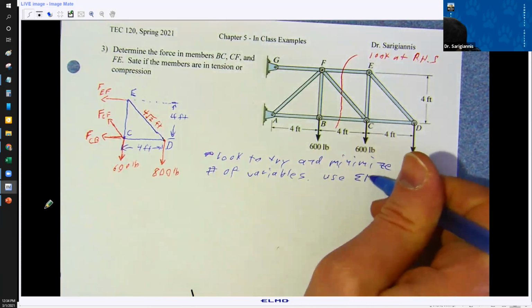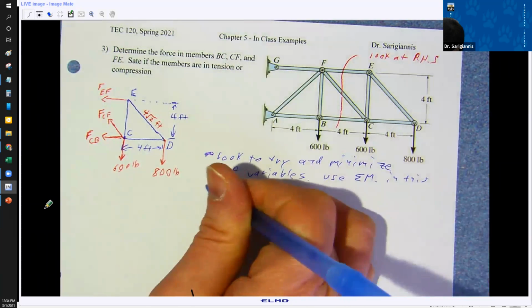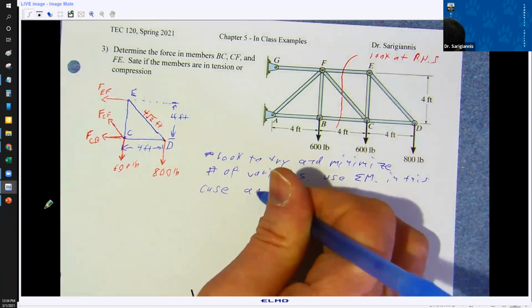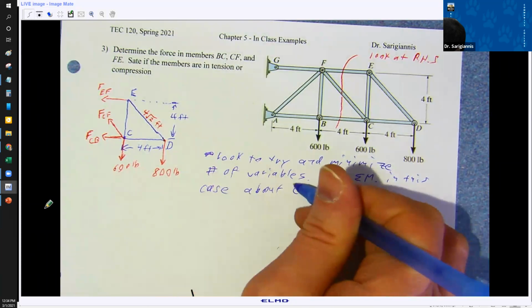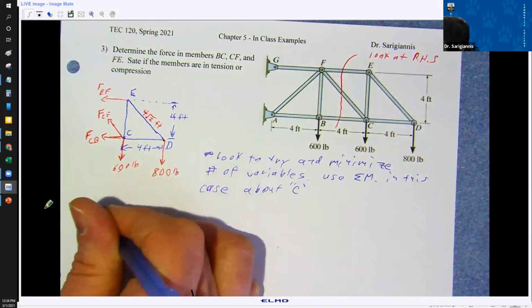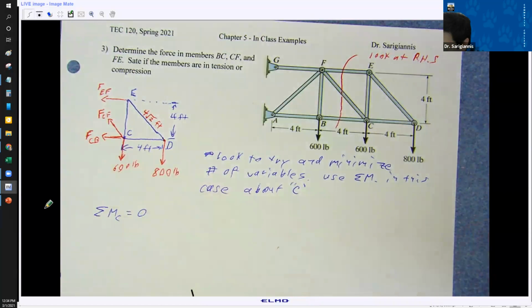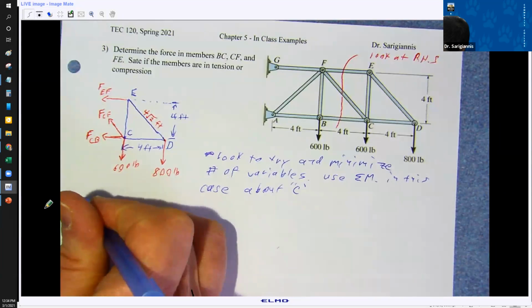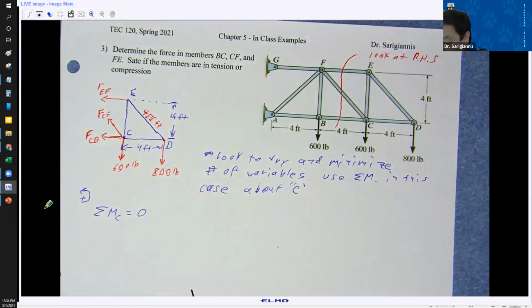Use some of the moments, in this case, about C. So sum of the moments about C is equal to 0 is what we're starting with. We're going to use, again, counterclockwise convention is positive.